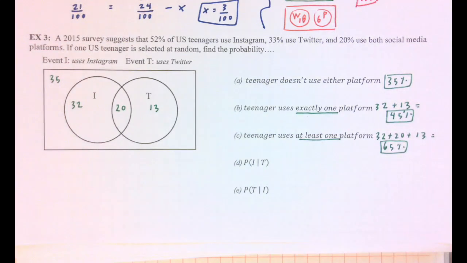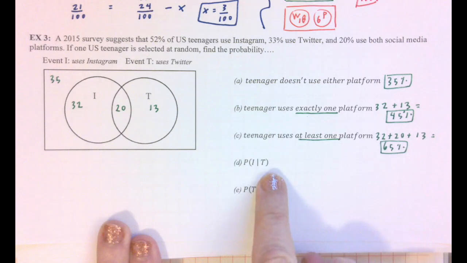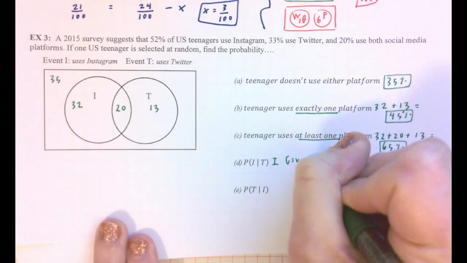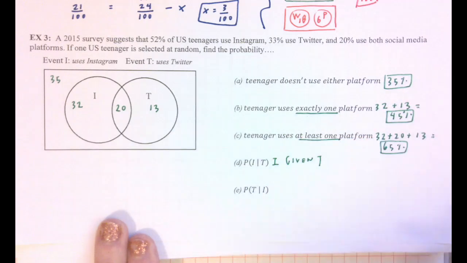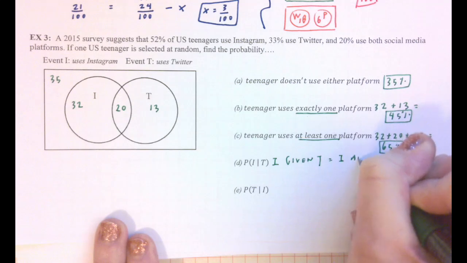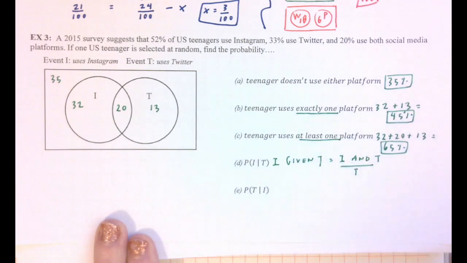Okay, lastly, going back to that conditional probability notation, here we're saying Instagram given Twitter. So I given T, if I'm just writing that shorthand. So I'm looking at both things, Instagram and Twitter, out of those who use Twitter.